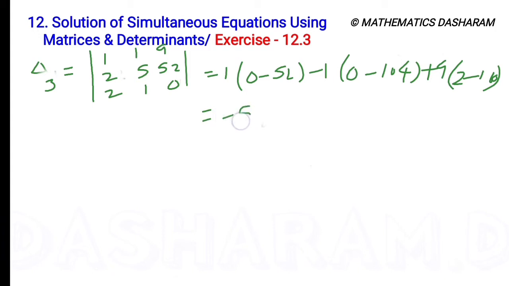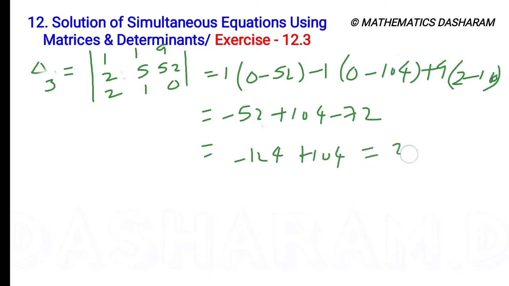So minus 52, minus 1 into minus 104 is plus 104, and 2 minus 10 is minus 8, minus 8 into 9 is minus 72. Then it equals minus 20. That is delta 3.